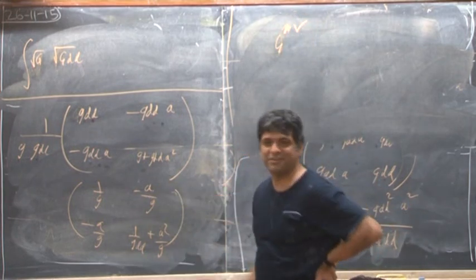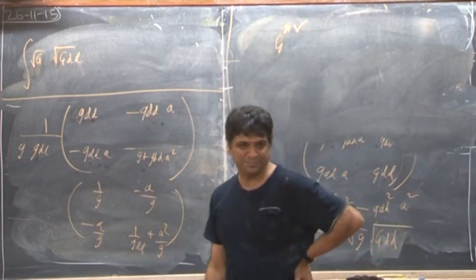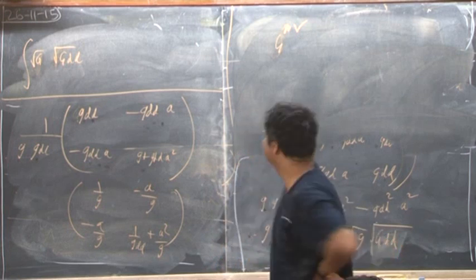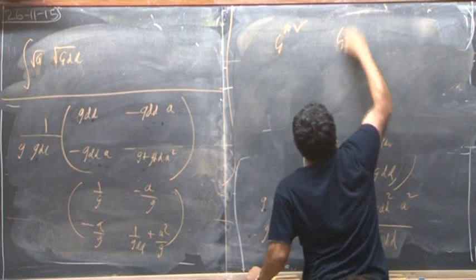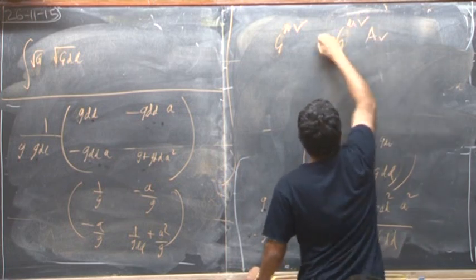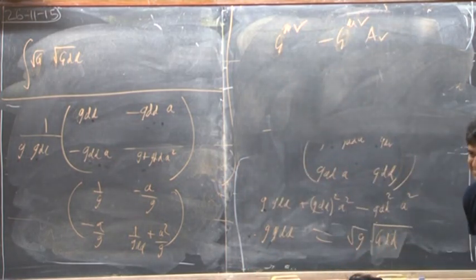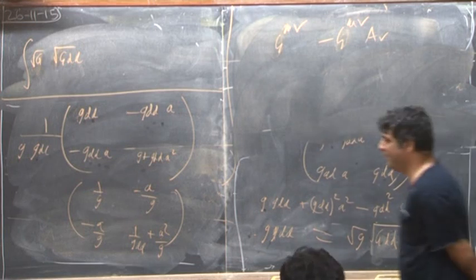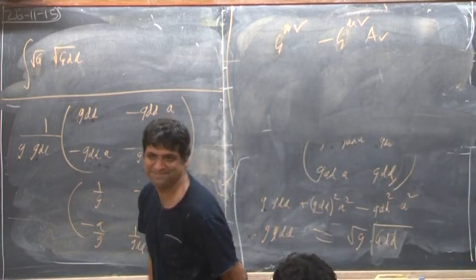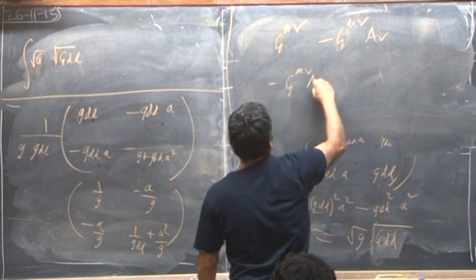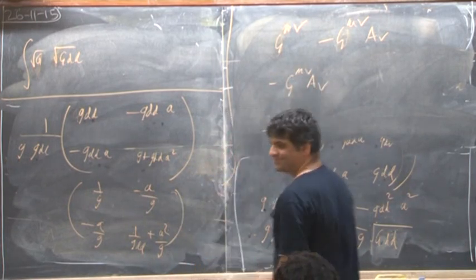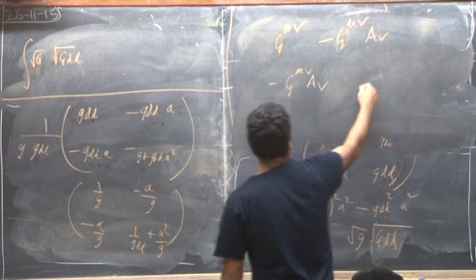What's the plausible generalization of this? G mu nu... No, 1 by G is the inverse of G. Okay. Minus G mu nu A nu.